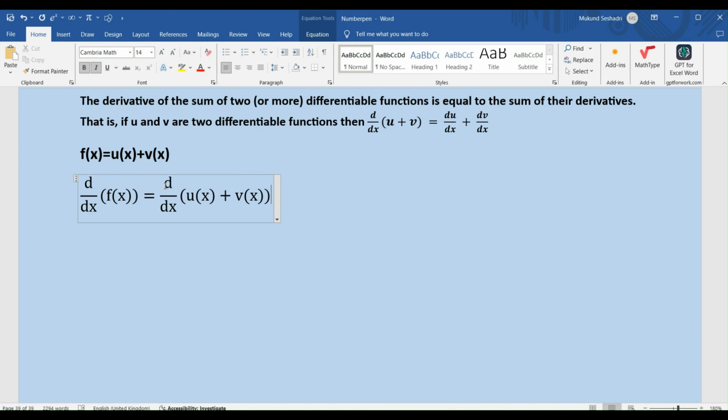Now I go back to my first principles, right? And I'm going to write the definition of d by dx of f of x using first principles.